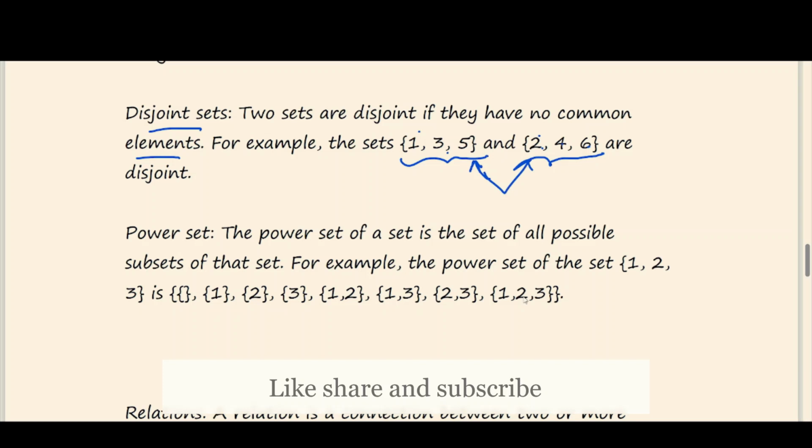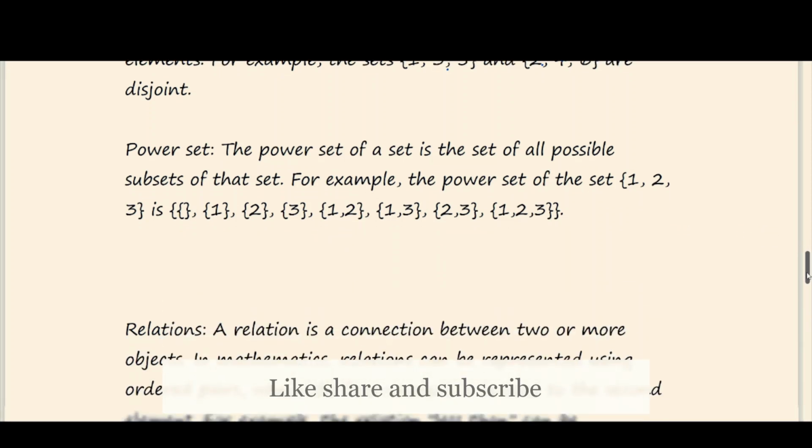So they are disjoint. Now see the next, power set. Power set is the set of all possible subsets of that set. It is called power set.